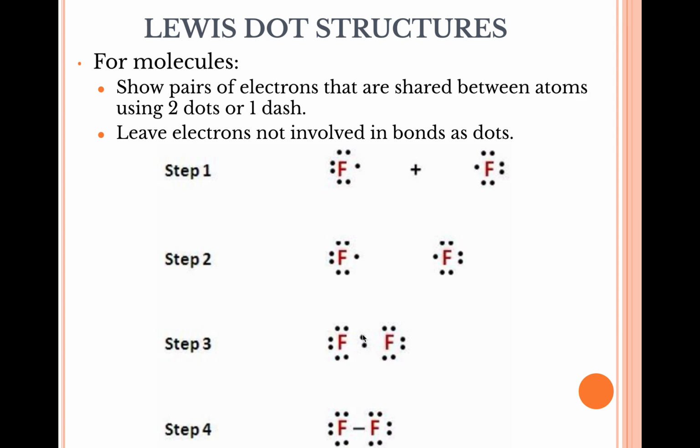These 2 count for this one as well: 2, 4, 6, 8. Once you get a little more comfortable with this, you're going to replace the shared pair with a bond, a line. This line counts as 2 electrons. So 2, 4, 6, this counts as 2 for this one, 8. 2, 4, 6, this counts as 2 for this one as well, 8.